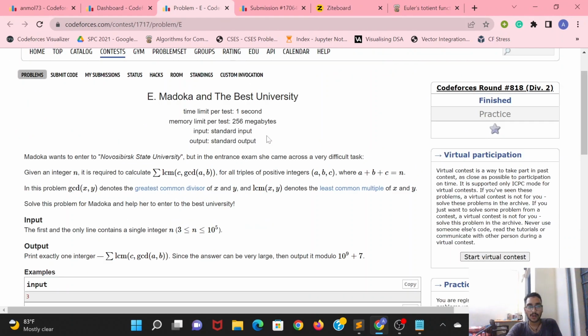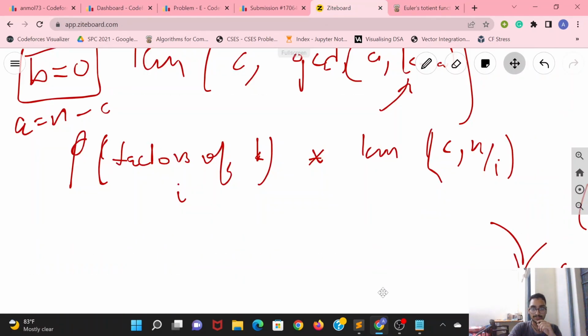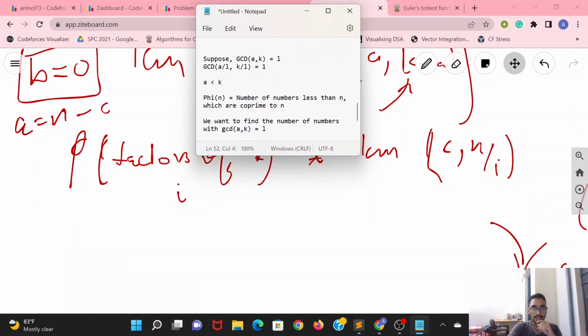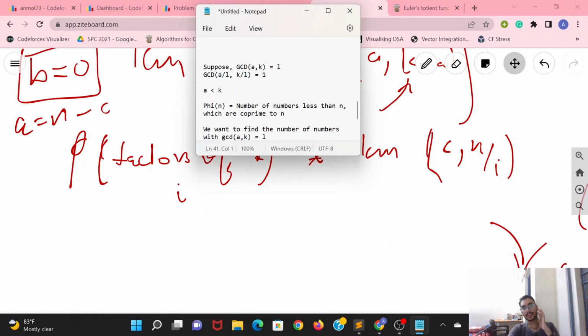Now yeah, this problem might have been hard because quite some people might not know the Euler totient function. But sometimes what happens is you might have arrived at this position.